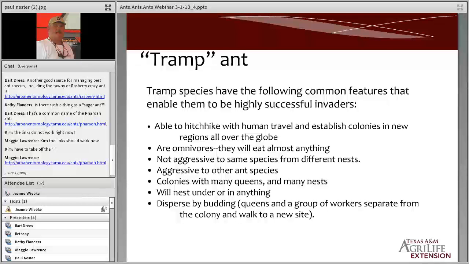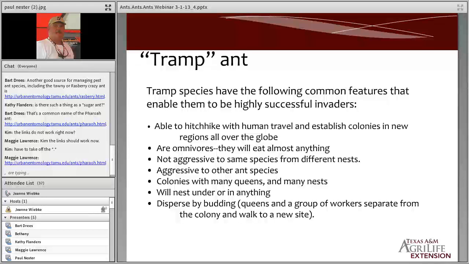In our area, if the tawny crazy ant is present, you will not have fire ants. Fire ants will not hang around. In fact, I've also witnessed the tawny crazy ant invading pyramid ant nests and scavenging the brood. So that means they're very aggressive against other ant species, and they will tend to take over an area very quickly.